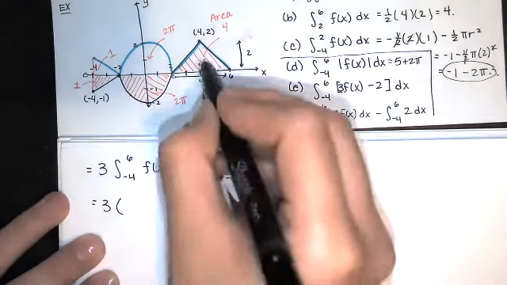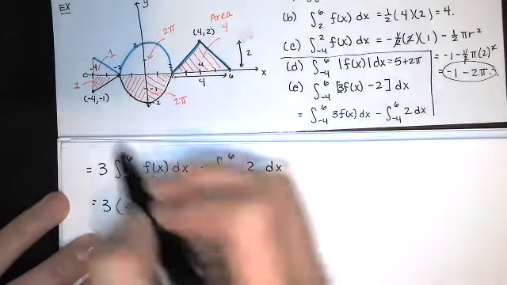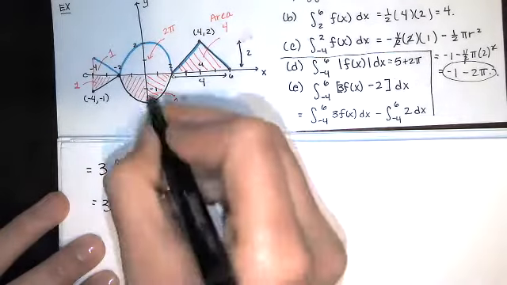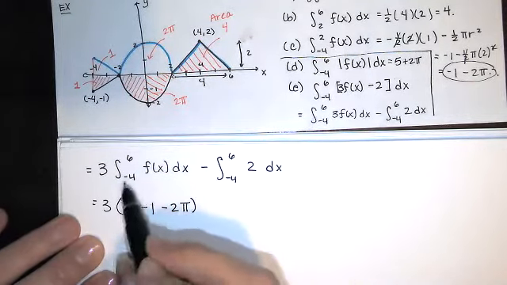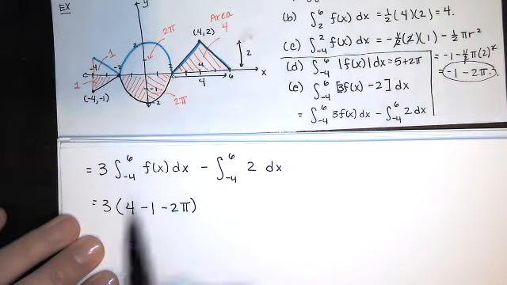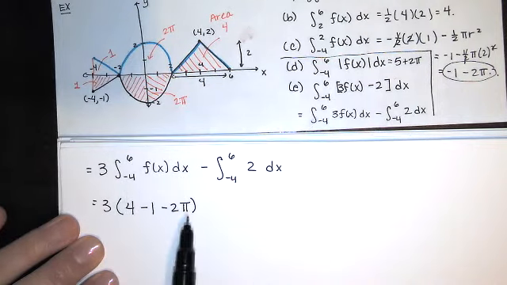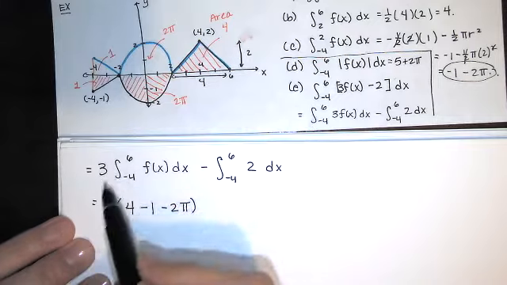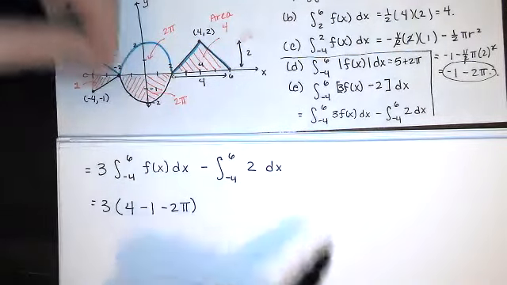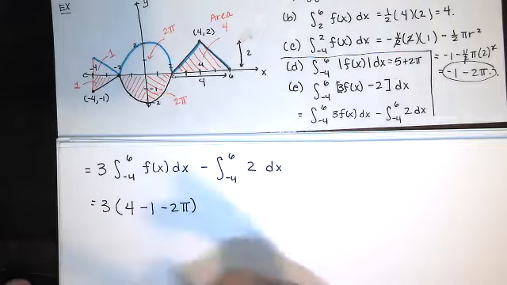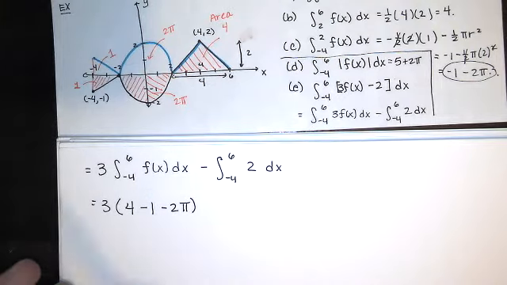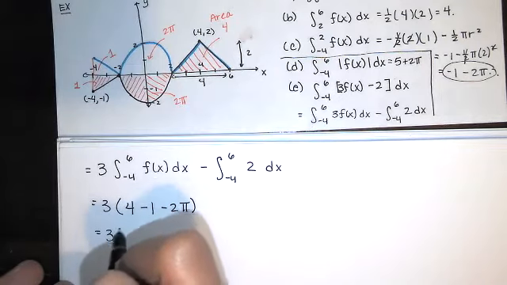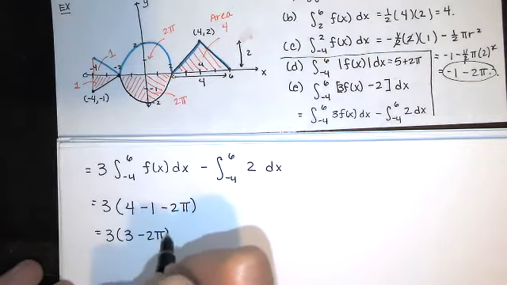So we've got 4 minus 1 minus 2 pi. So that is the integral of f of x on the interval from -4 to 6. It's 3 minus 2 pi. And if this function is stretched by a factor of 3, it's 3 times as tall. It turns out the net area is exactly the same as it was before, but times 3. So we've got 3 times 3 minus 2 pi over here.